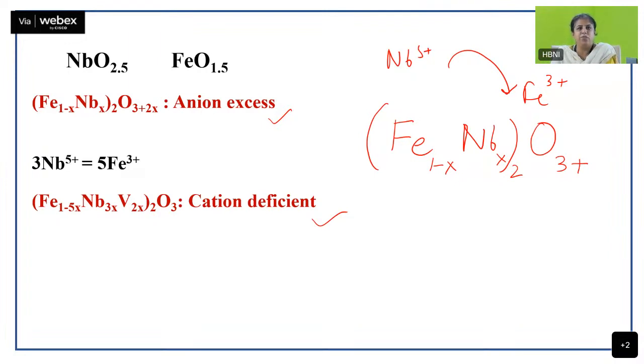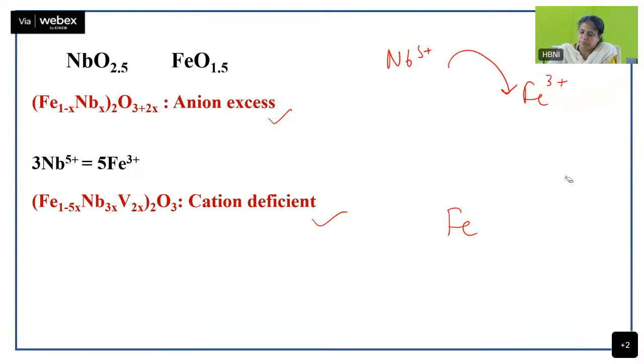And how many anions would I add? Let me make it simpler first. Let me simply write Fe, Nb, and it was FeO1.5.